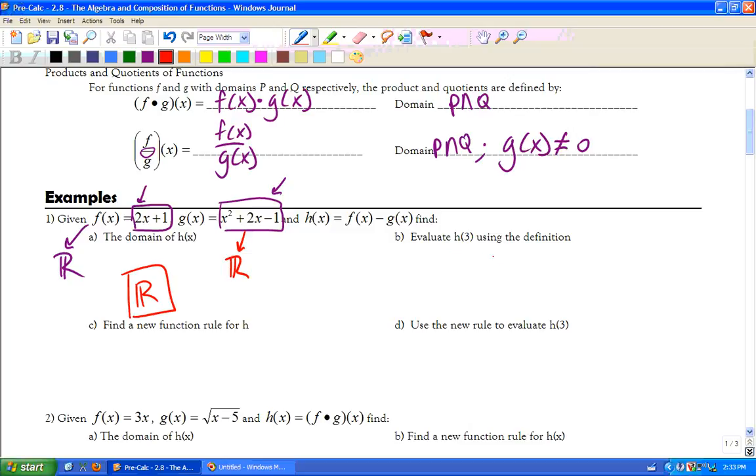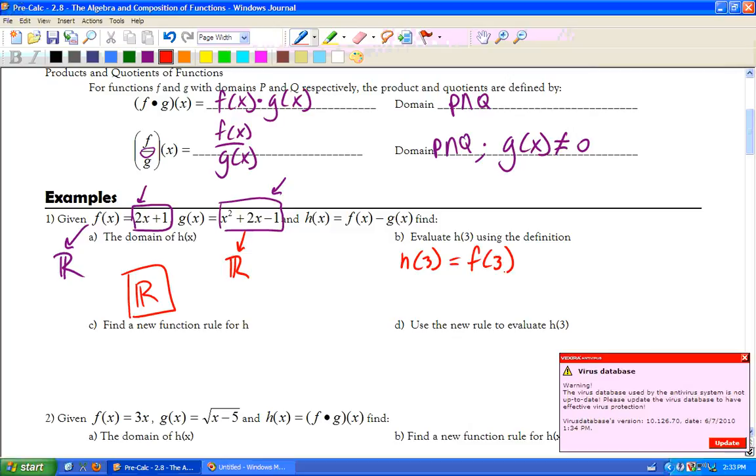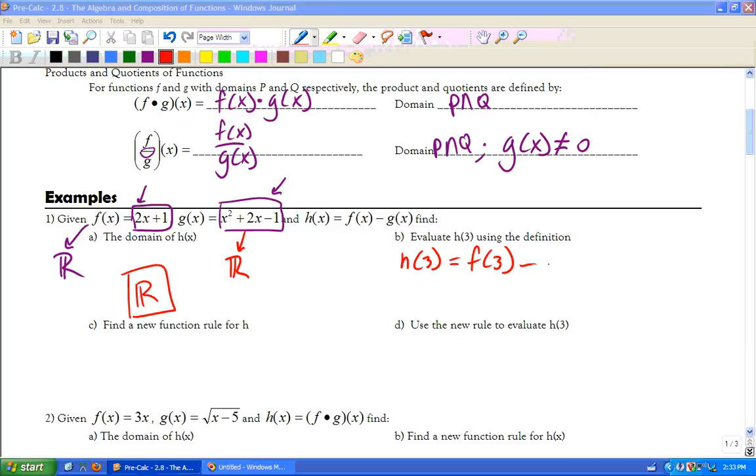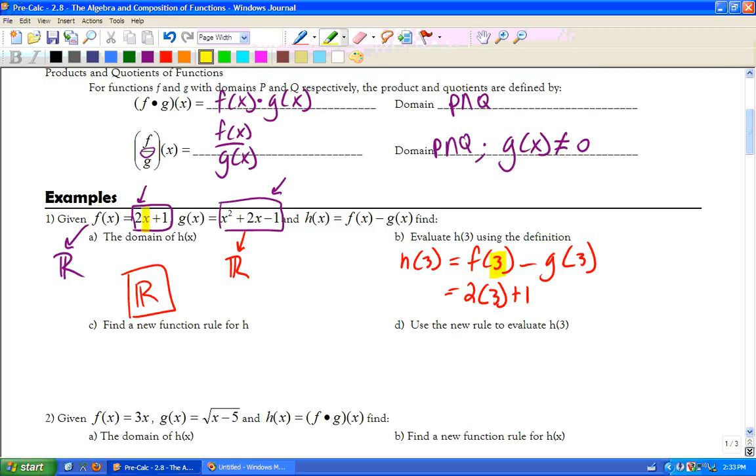When we evaluate h of 3 using the definition, h of 3 is going to equal f of 3 minus g of 3. We plug 3 into our f of x, so this is 2 times 3 plus 1, minus g of 3. g of 3 is 3 squared plus 2 times 3 minus 1.